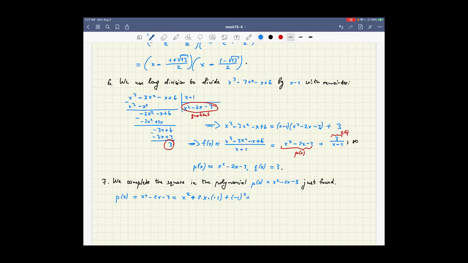So we add the square of negative 1 and subtract the square of negative 1. So these three terms are x minus 1 squared, and these are negative 4. So upon simplification, we get x minus 1 squared minus 4. So that finishes part 7.